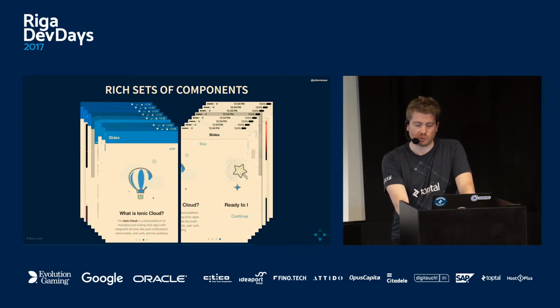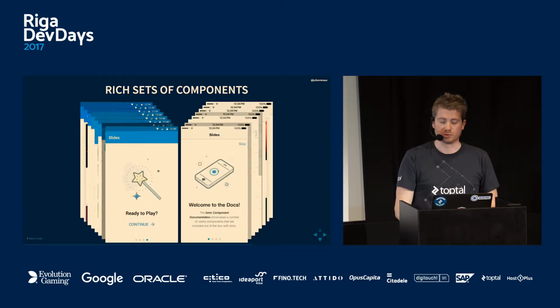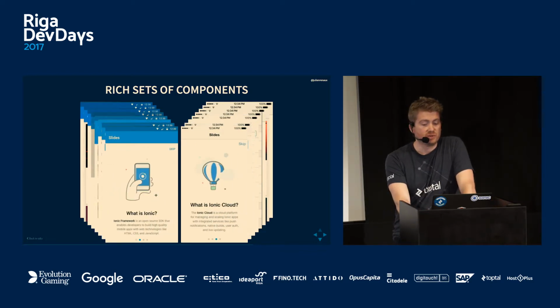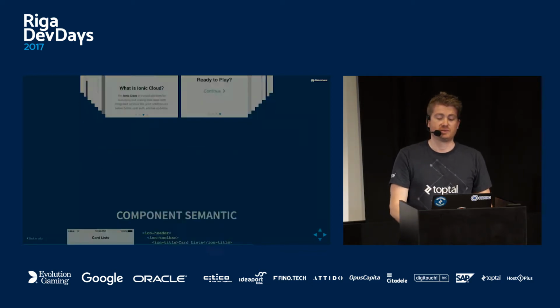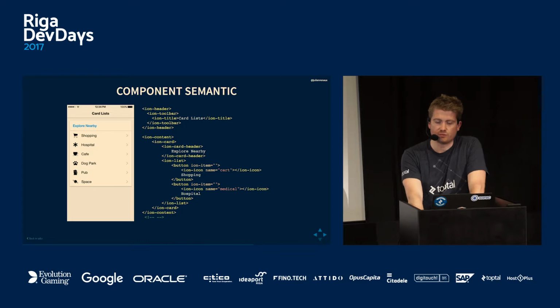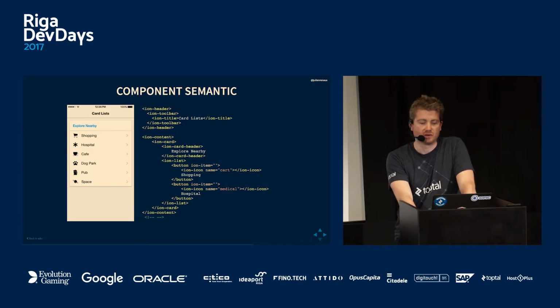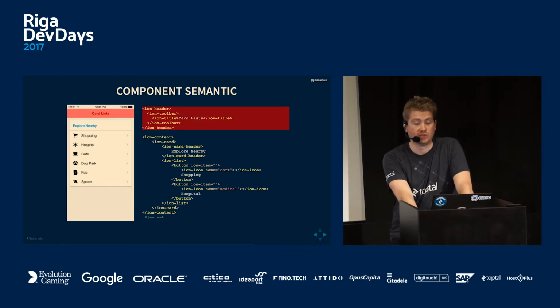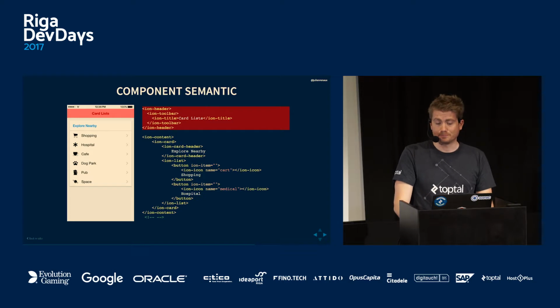Let's see how simple it is to use those components, shall we? The Ionic component semantics helps developers understand what they are dealing with. Let's see an example. First, we have the header component. This component includes a toolbar that itself includes a title. The result is what we see on the left side.